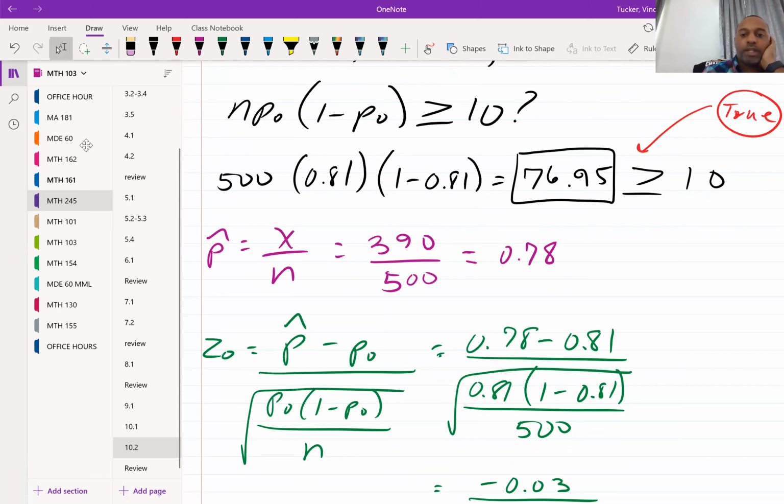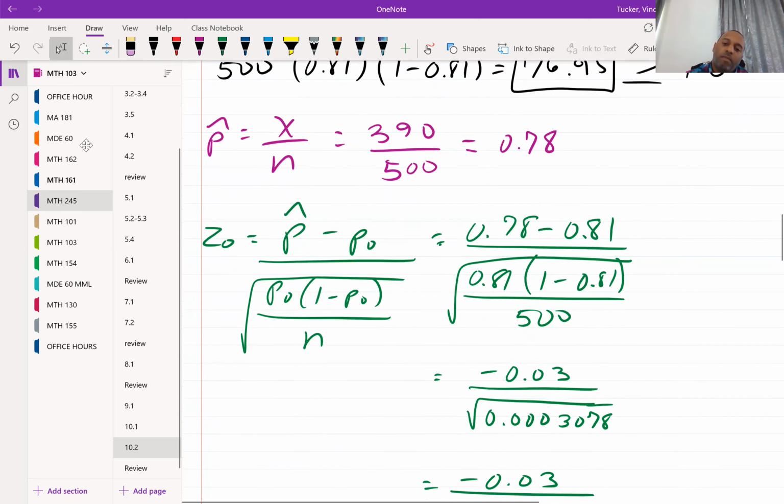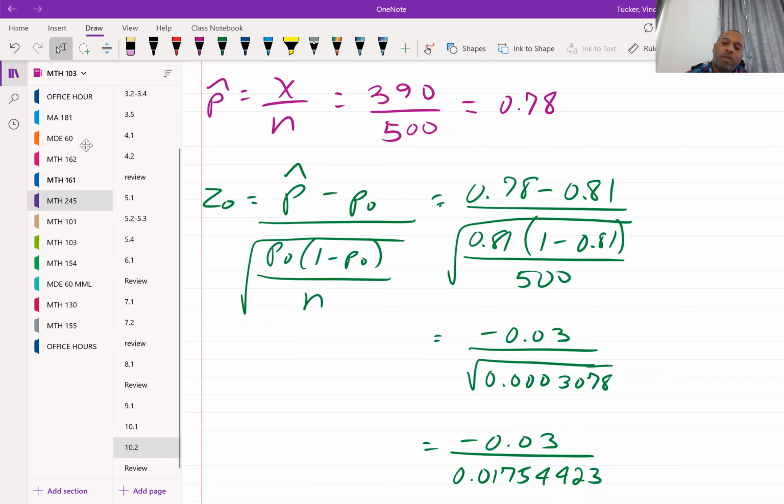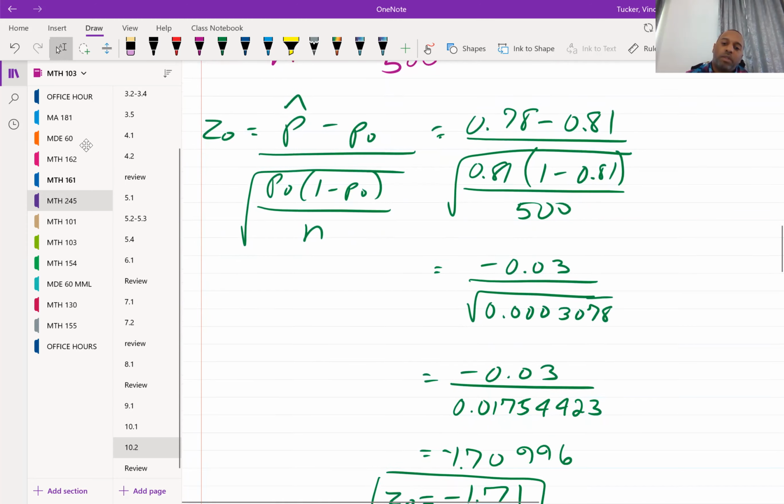Then 0.78 minus 0.81, divided by the square root of 0.81 times 1 minus 0.81 divided by 500. So hold on to the purple.